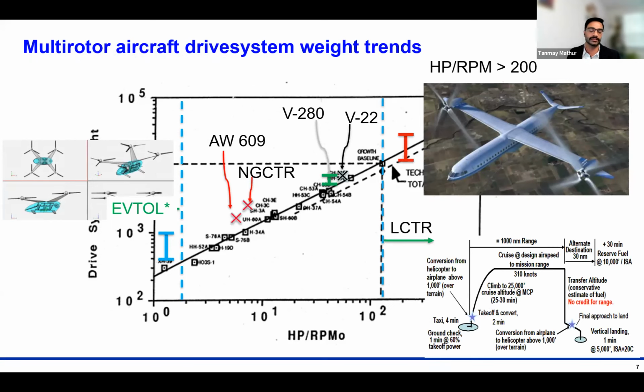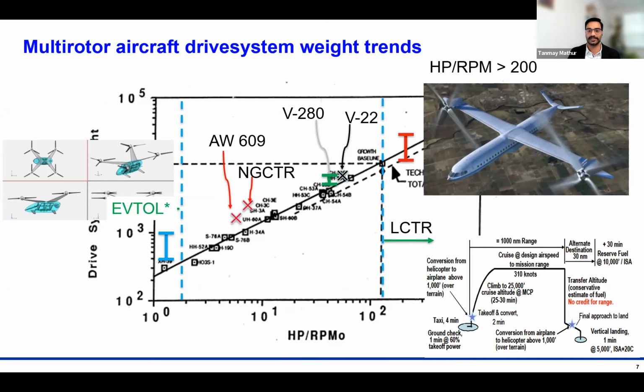But consider that you are buying a lot more in performance by increasing that little weight. And also a lot of systems are duplicated and there are mechanical redundancies, but the performance is worth it. So on one end, you have the eVTOLs and personal air taxis, which are usually 250 horsepower class vehicles.